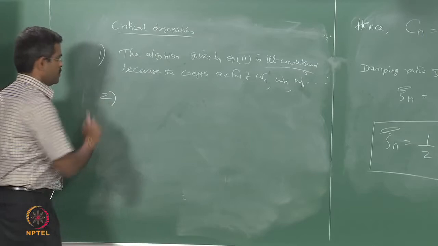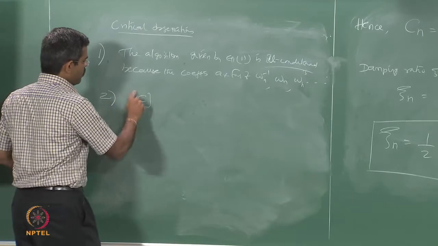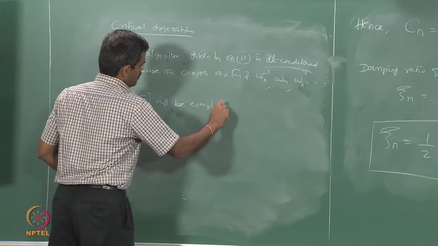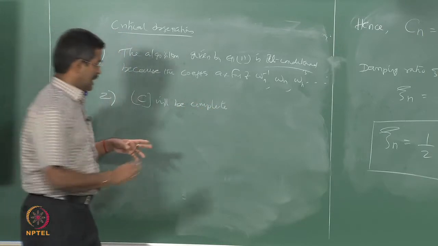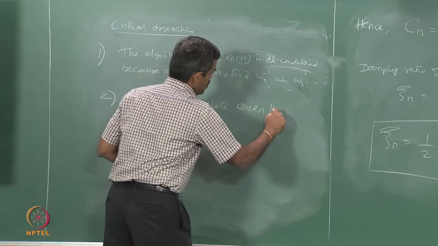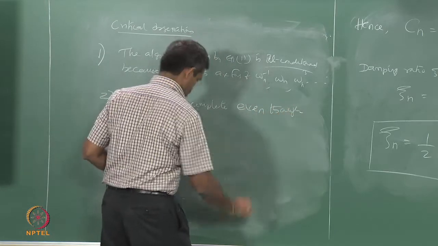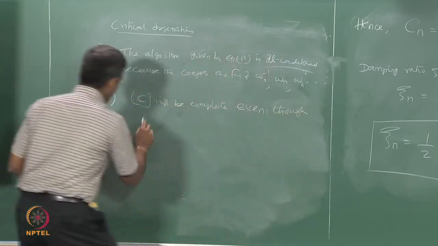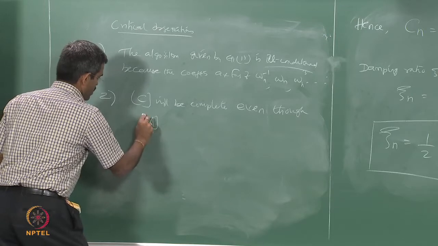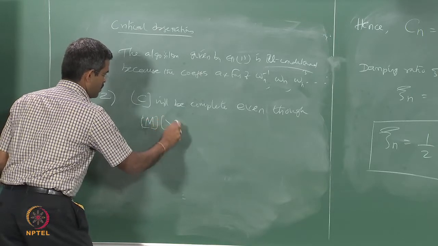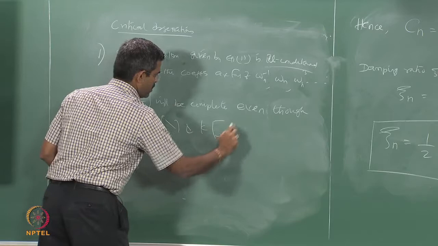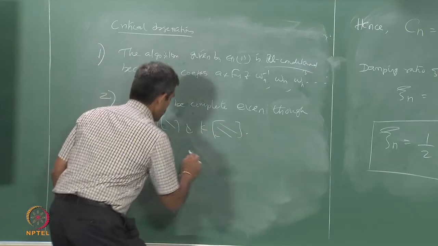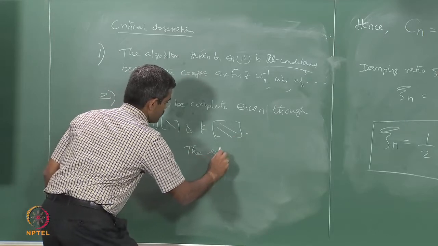Two, C matrix will be full, will be complete. You may ask me what is the beauty about this, even though M is diagonal and K is banded. It means the scheme is computationally expensive.